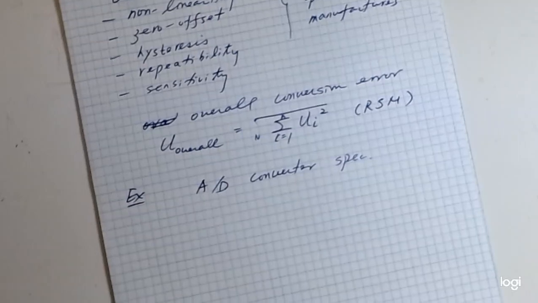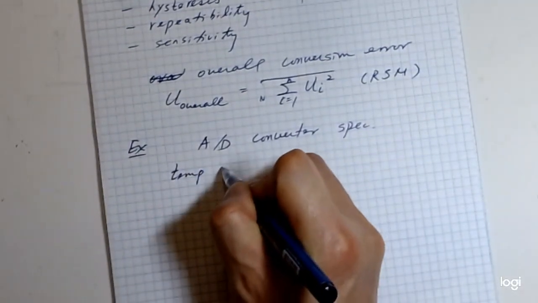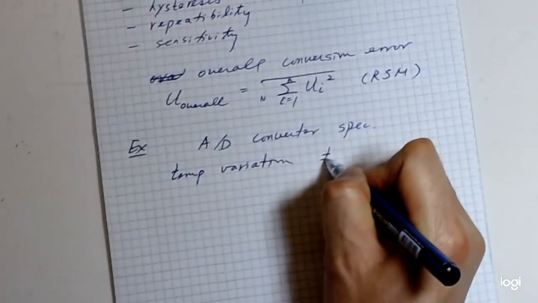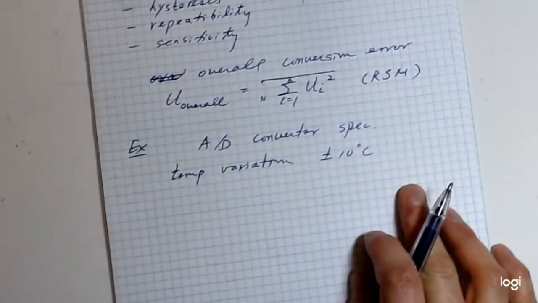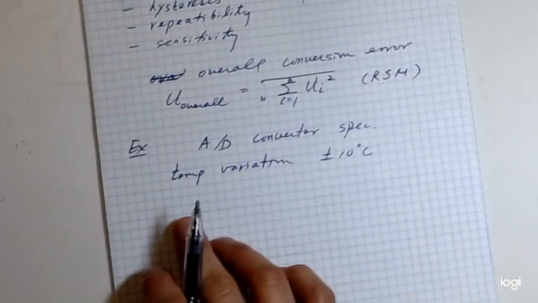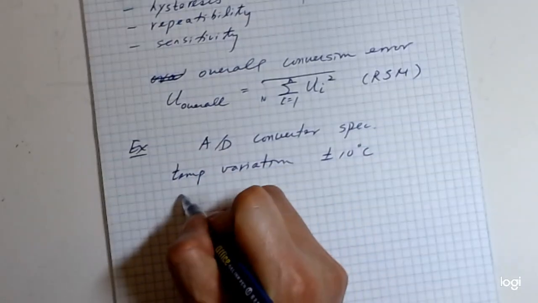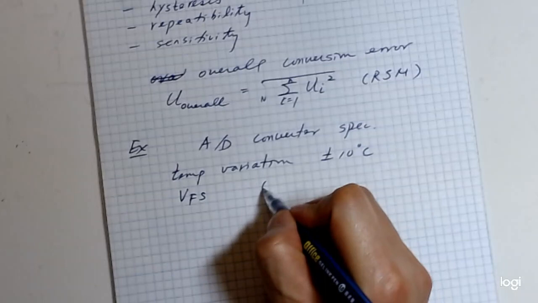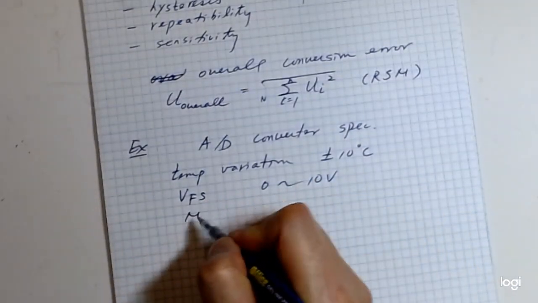The temperature variation is plus minus 10 degrees C. These converters have voltage full scale from 0 to 10 volt and 12-bit.